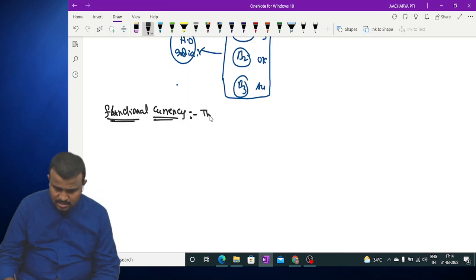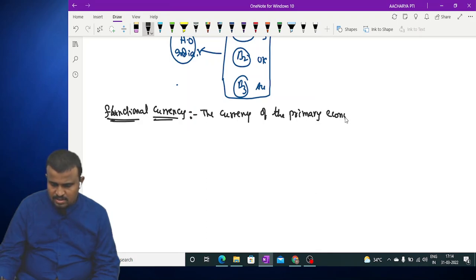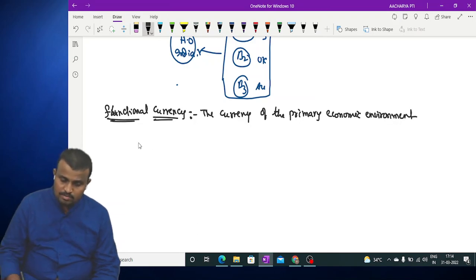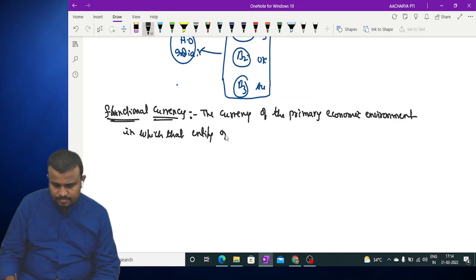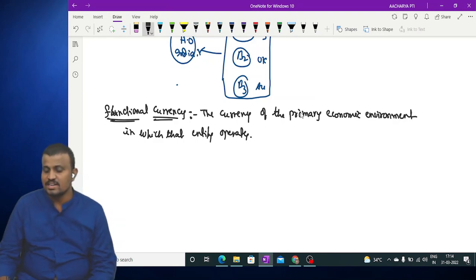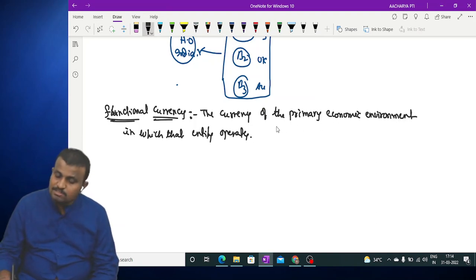Functional currency is the currency of the primary economic environment in which that entity operates.